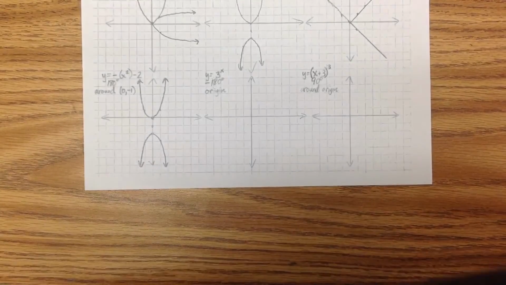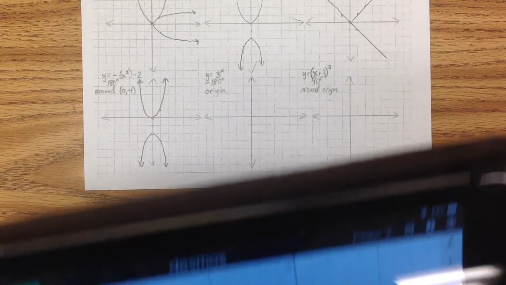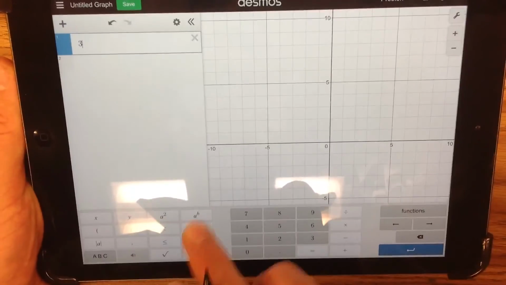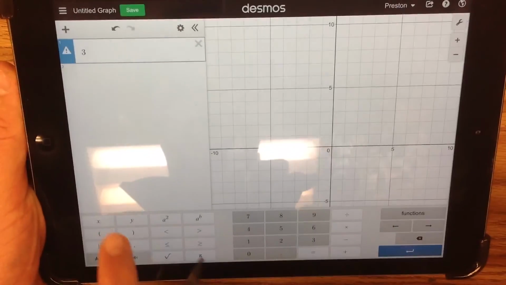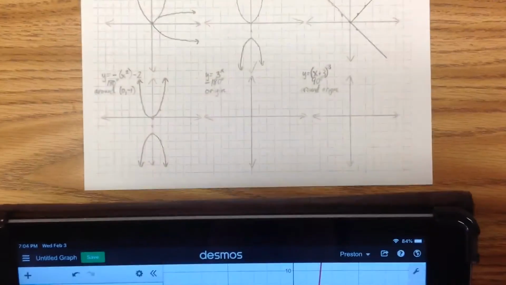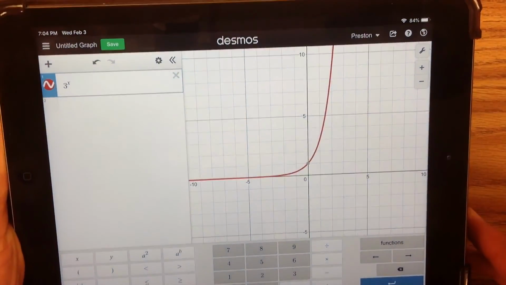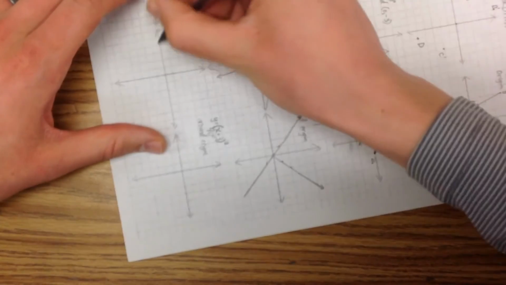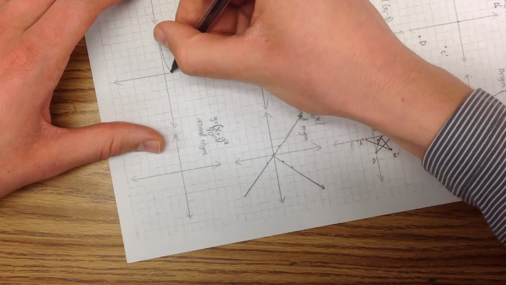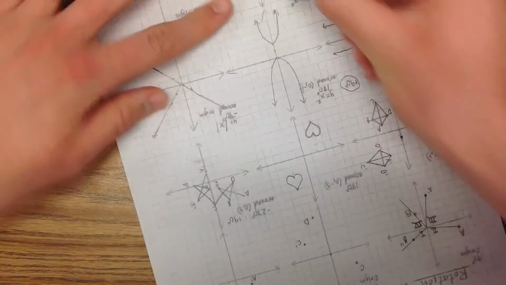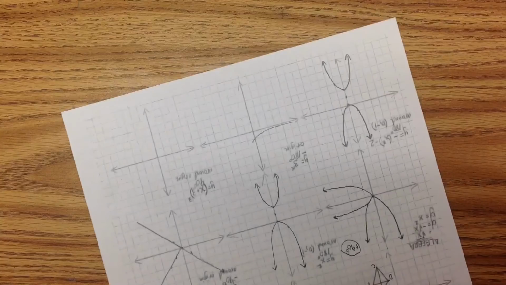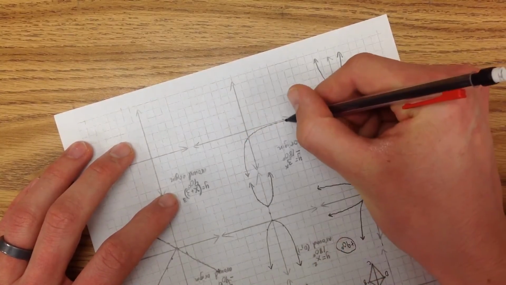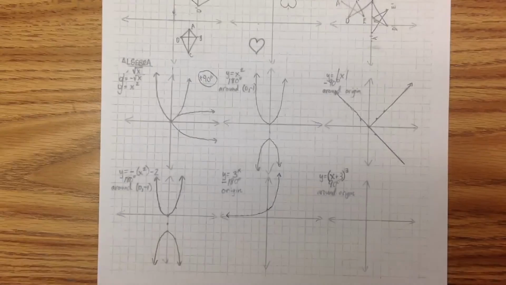Okay. 3 to the x power. Use the a to the b. 3 to the x power. So it looks like that. And draw that. Looks like that.